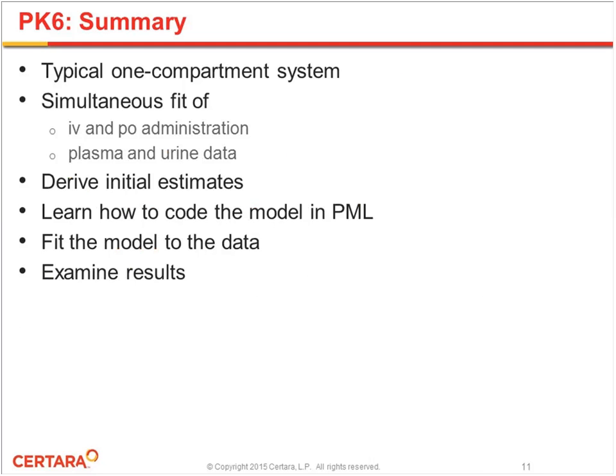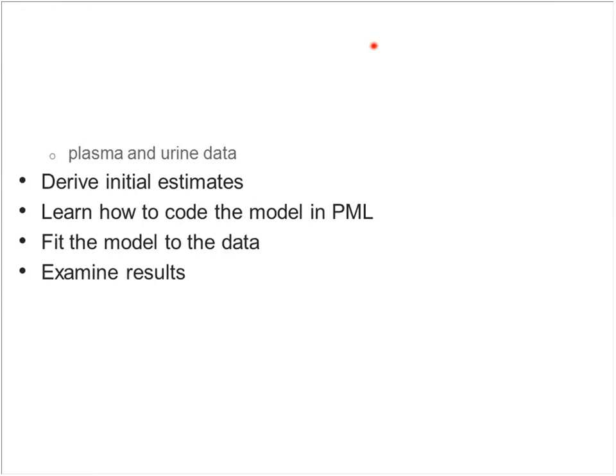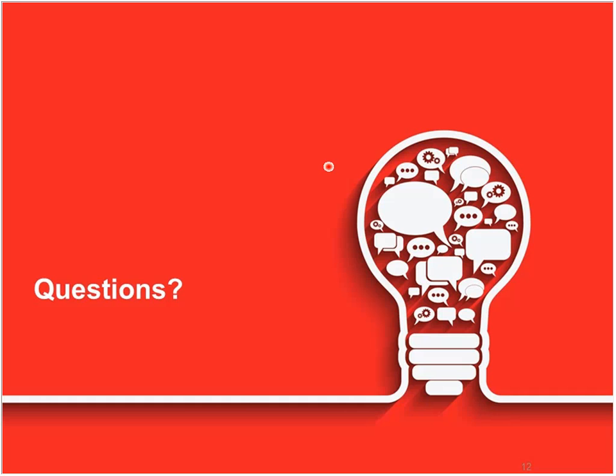Now, what we did here, we had a typical 1-compartment system and fit the data, and I showed you how to derive some initial estimates from NCA for both plasma and urine, and we went through the code in PML, and you saw how we can fit the model to the data, and we looked at the results. With that, I guess I'm at the end, so we can start the Q&A session, so I'll hand over to Chris to give us the questions.